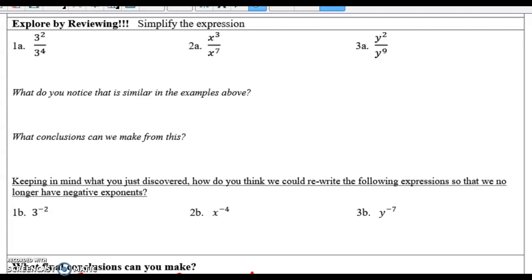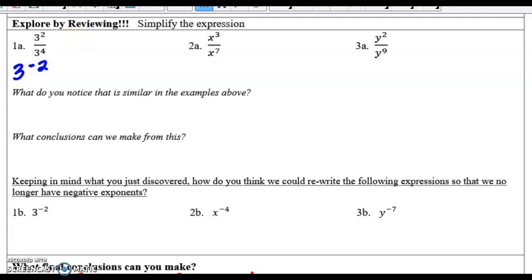All right, so hopefully you remember with division, when you have the same base, you don't actually divide the exponents. What's really happening is you're subtracting them. So if you were to subtract 2 minus 4, you would get 3 to the negative 2.